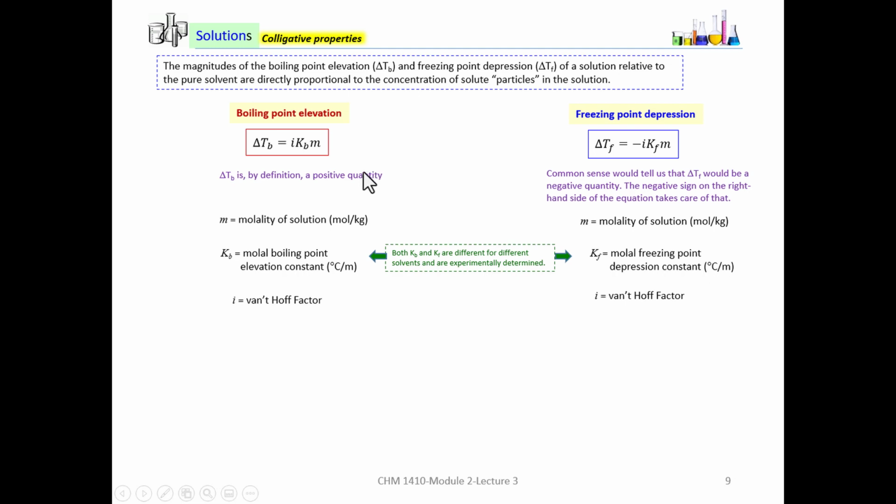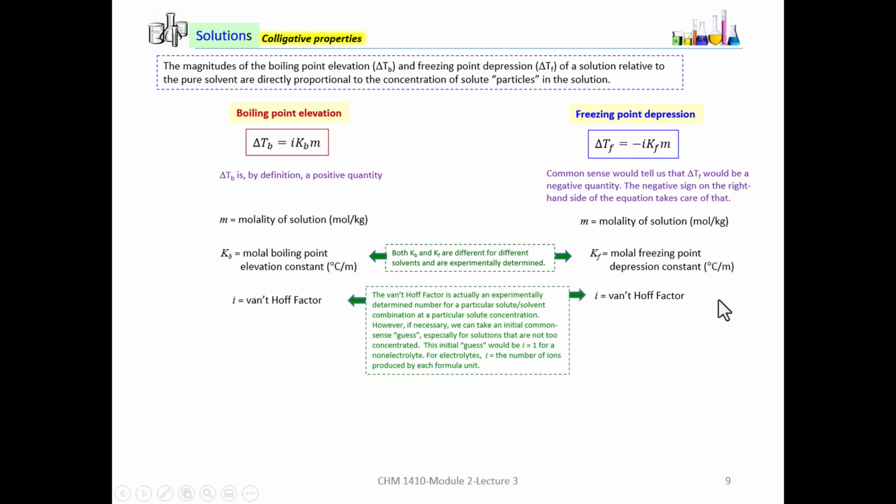And finally, the other variable in both of these equations is i, which is called the van 't Hoff factor. This factor is actually an experimentally determined number for a particular solute-solvent combination at a particular solute concentration.